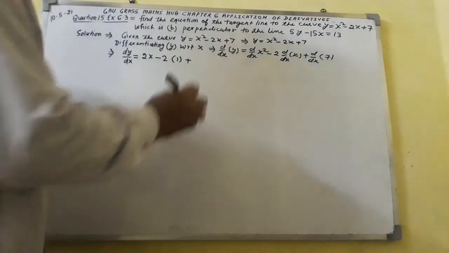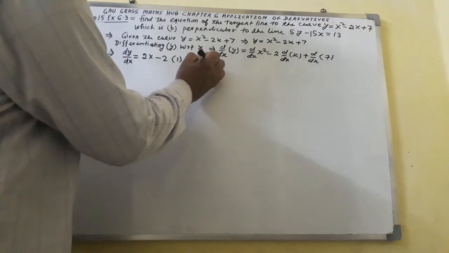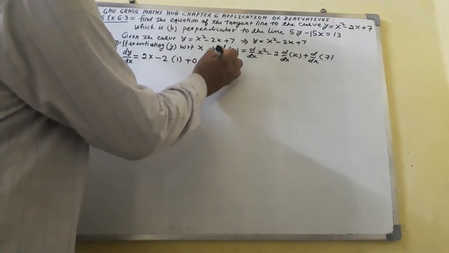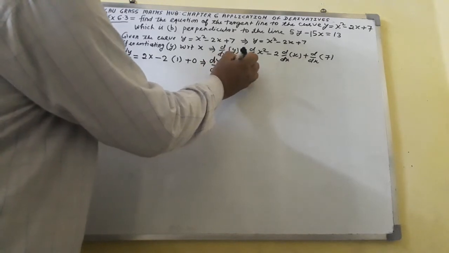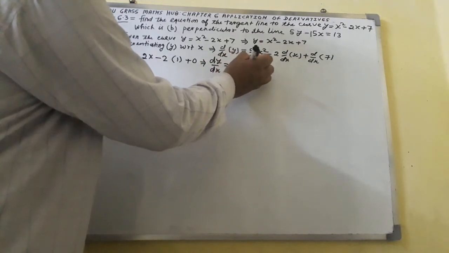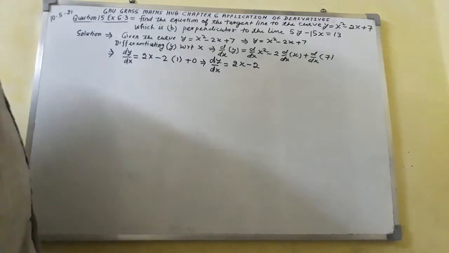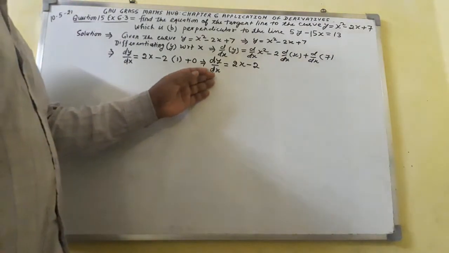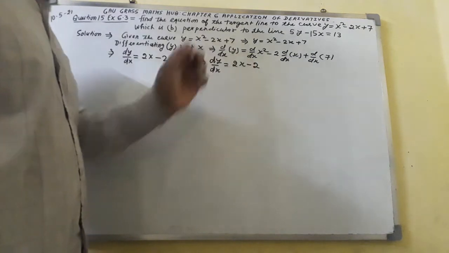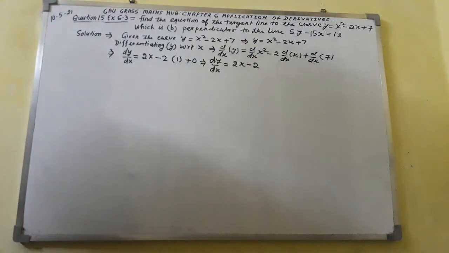So we shall get dy over dx equal to 2x minus 2. This is the slope of the tangent.